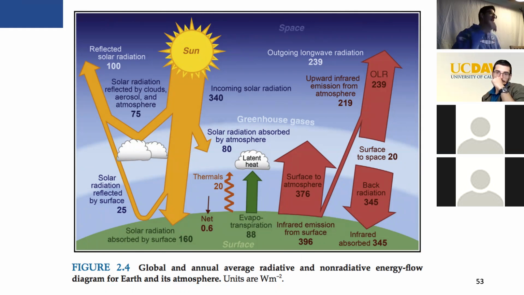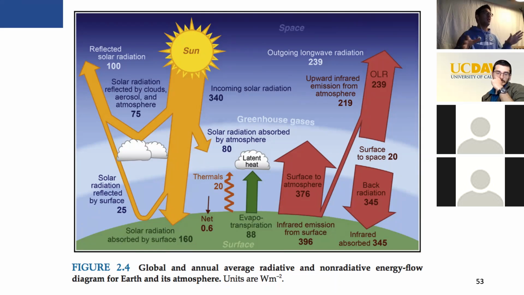Okay, so here, this is kind of a rough estimation of the numbers associated with the solar radiation and our climate. So 340 is a pretty good number to keep in mind, or an easy number to remember, in terms of solar radiation per meter squared.